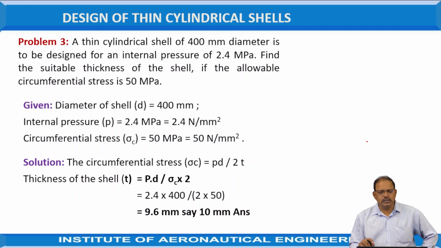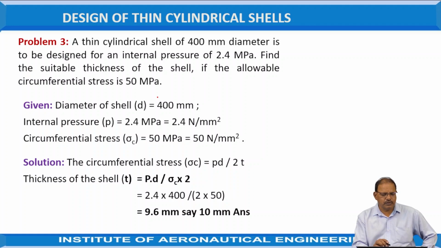A thin cylindrical shell of 400 mm diameter is to be designed for an internal pressure of 2.4 megapascal. Find the suitable thickness of the wall if the allowable circumferential stress is 50 megapascal.